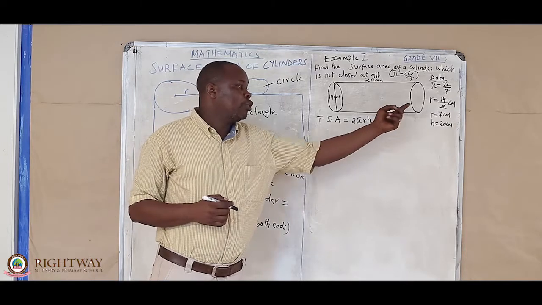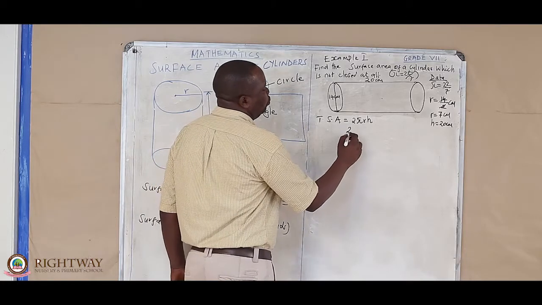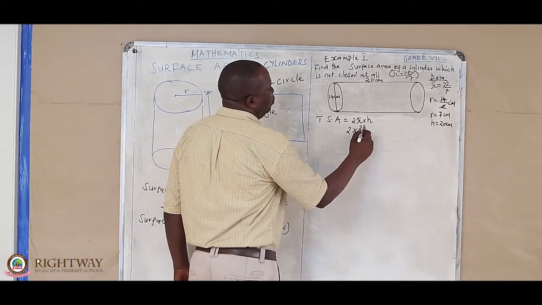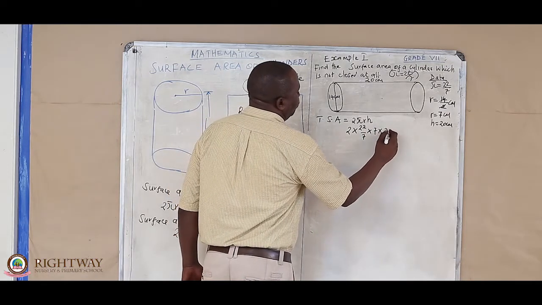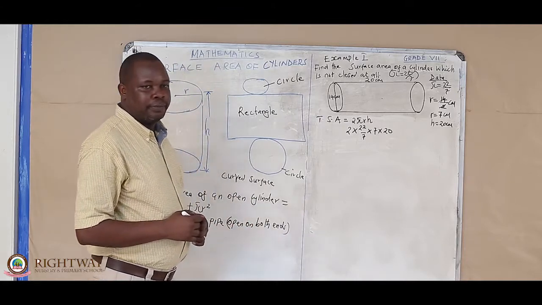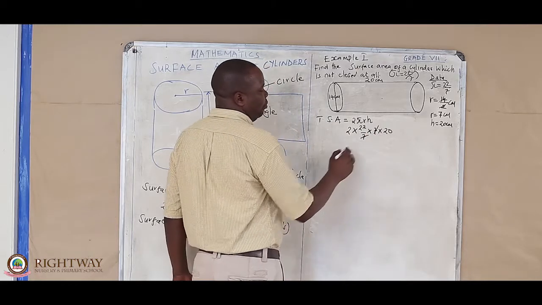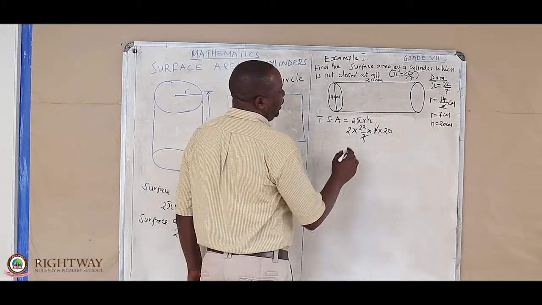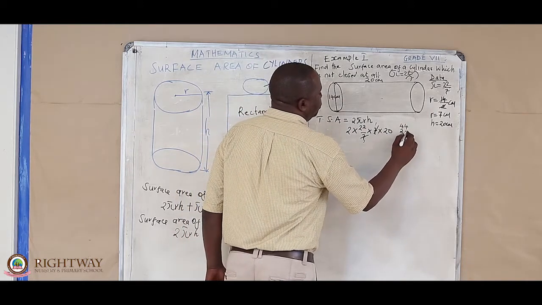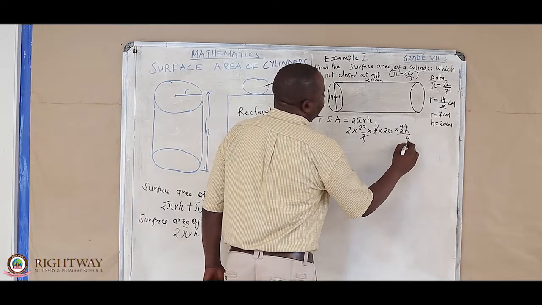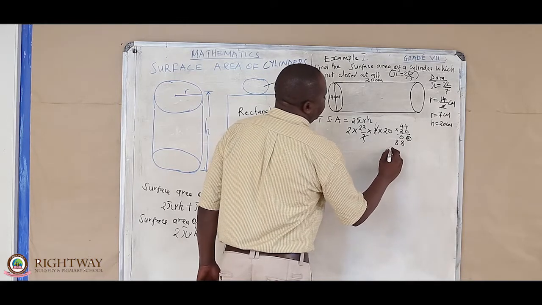Substituting these values, we shall have 2 times 22/7 times 7 times 20. This 7 goes with this 7 once. Then we have 44 times 20.